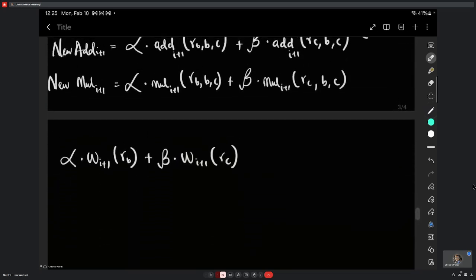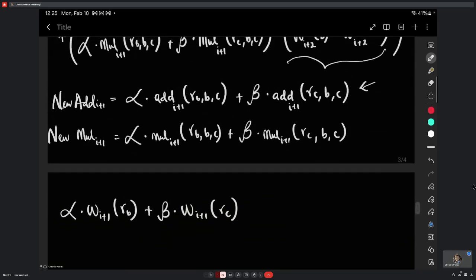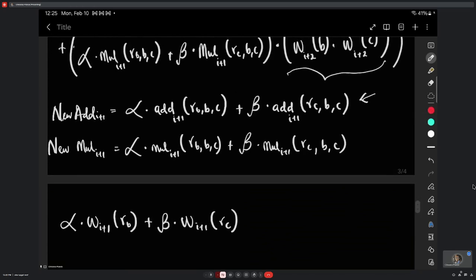Now, previously, WI of RB would be the claimed sum for the first sum check, and WI of RC would be the claimed sum for the second. So now this combination is the claimed sum for the combined sum check. This will be the new claimed sum.